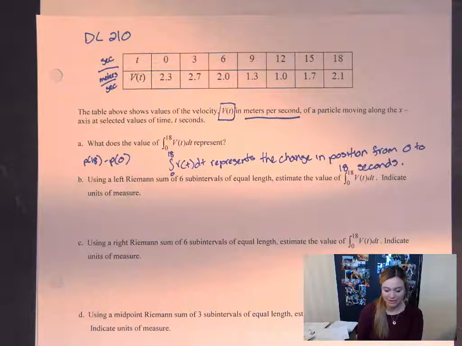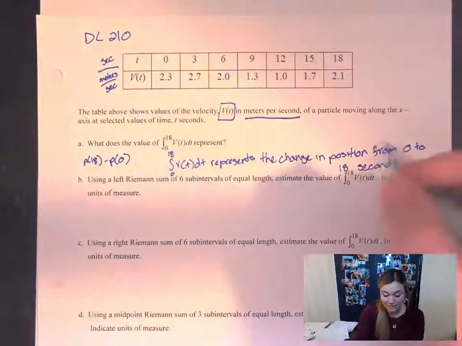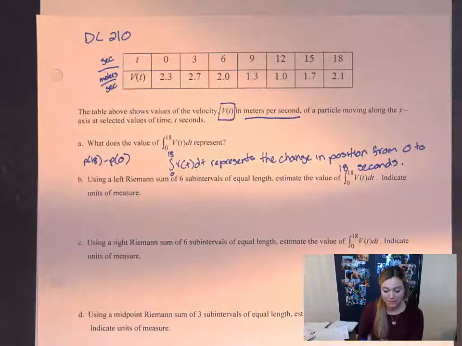And you could say this is the change in position in meters from 0 to 18 seconds. You could say net distance. That would be okay. So you could say the net distance from 0 to 18 seconds. That would be okay. But this is the change in position from 0 to 18 seconds. That's all this is asking for.